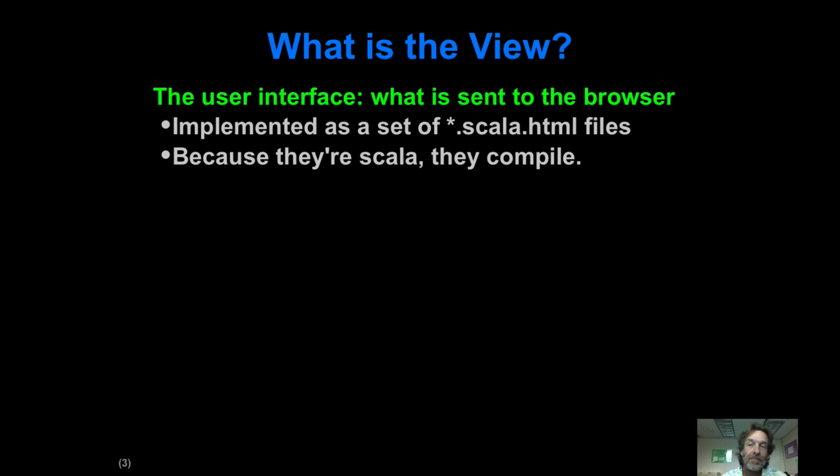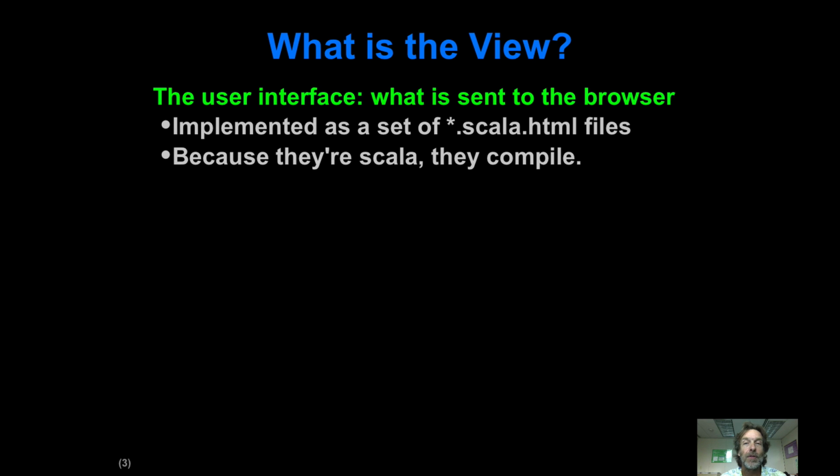terminal session. Obviously in Eclipse, well, not obviously, but in Eclipse without a fair amount of finagling, you can't get Eclipse to automatically compile the Scala code. At least I haven't been able to do that reliably yet. So when you edit these scala.html files, the way that you get them compiled is by using the Play console.